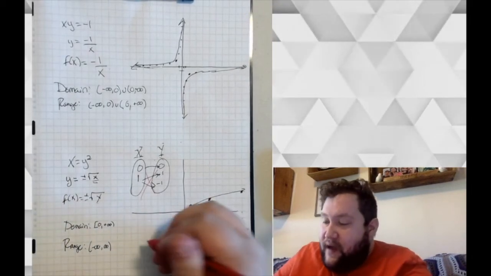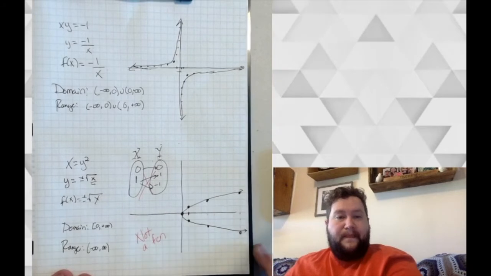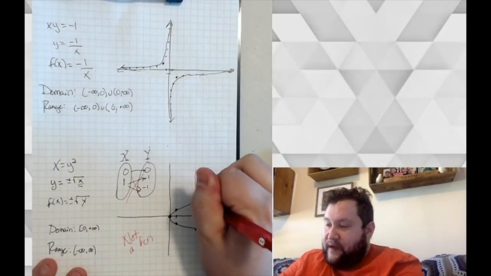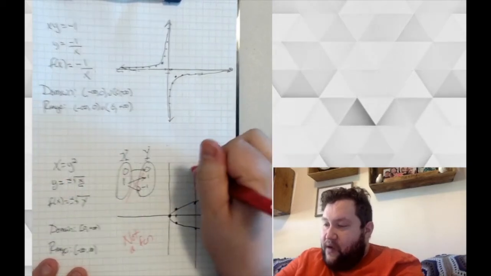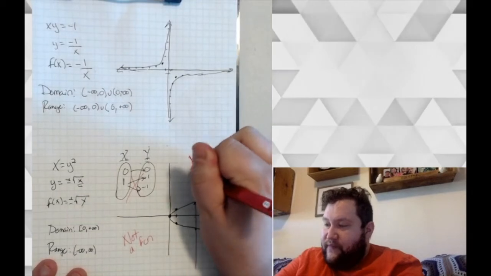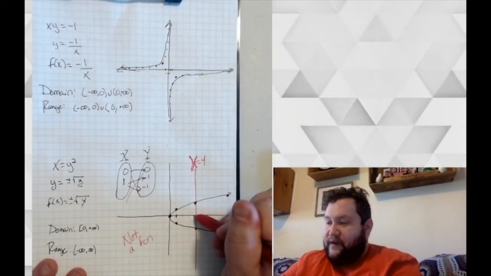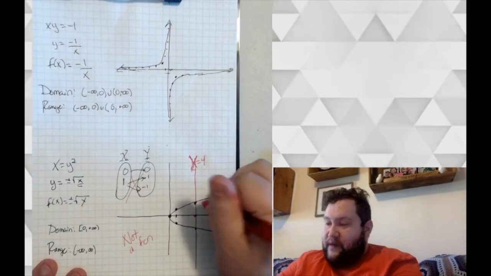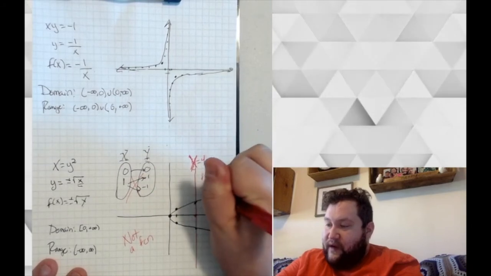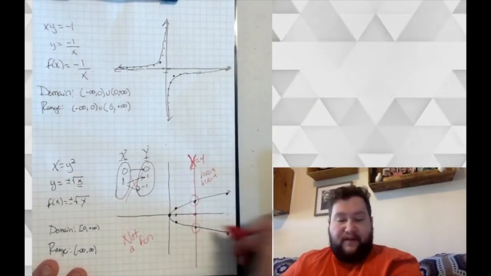So this is not a function. And if we have a graph, if we would draw any vertical line, so this is the line x equals 4. It says my f of x is both 4 and f of x is negative 4. Right, that's these 2 points of intersection.